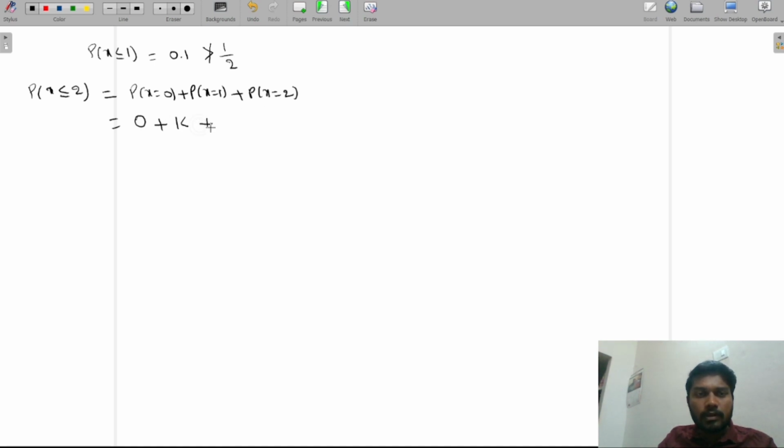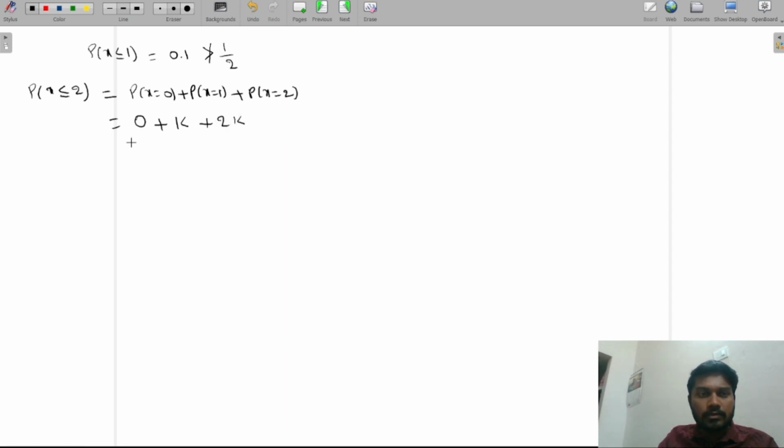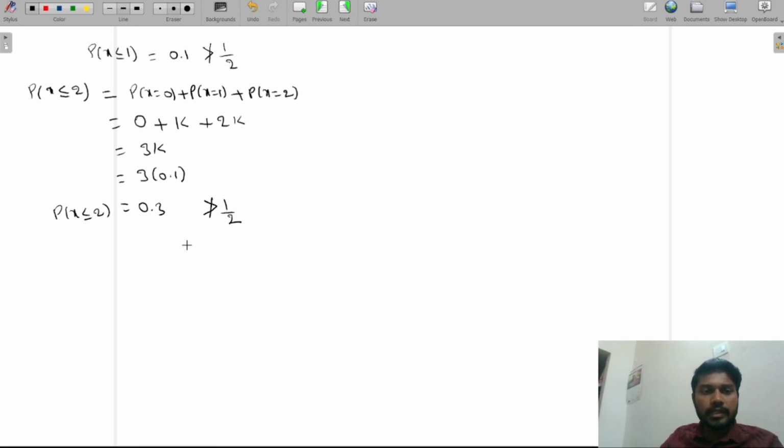At x equal to 2, what probability am I having? Yes, 2k. So adding these, I'm getting 3k. What is the value of k? 0.1. So multiplying, I get 0.3. So P(X ≤ 2) is 0.3. So again, it does not exceed 1/2. Yes or no? Yes.